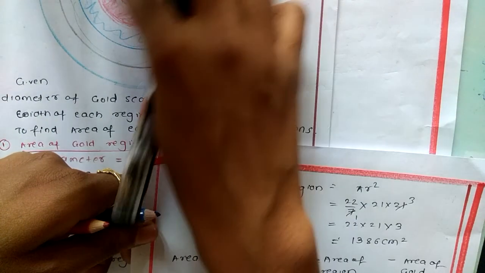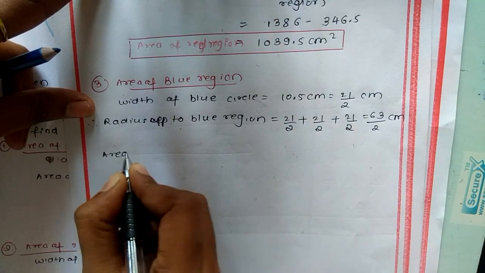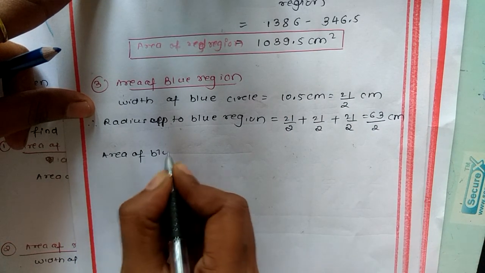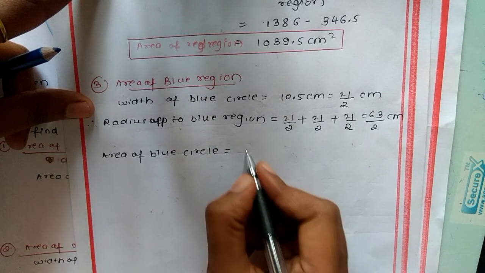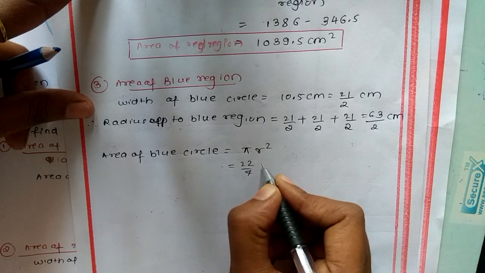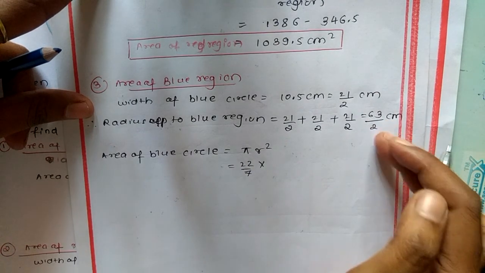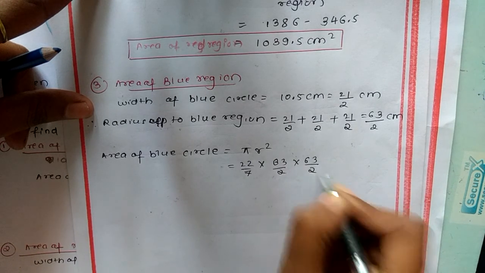Now we'll find out the area of the blue circle. That is pi r square. Pi is 22 by 7 and r square is 63 divided by 2 multiplied by 63 divided by 2.